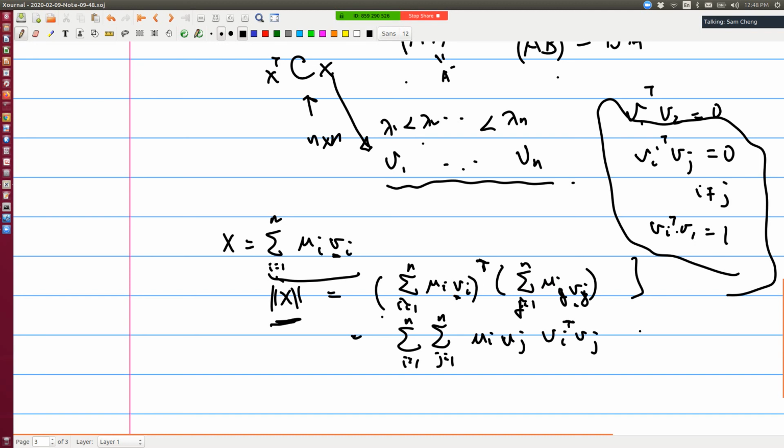It's just v_i times v_i, so the inner product is just equal to 1. All the rest will be equal to 0, right? So essentially this is a Kronecker delta. It's actually a delta function: only when i equals j it is equal to 1, otherwise it's just equal to 0. So I just copy that again.